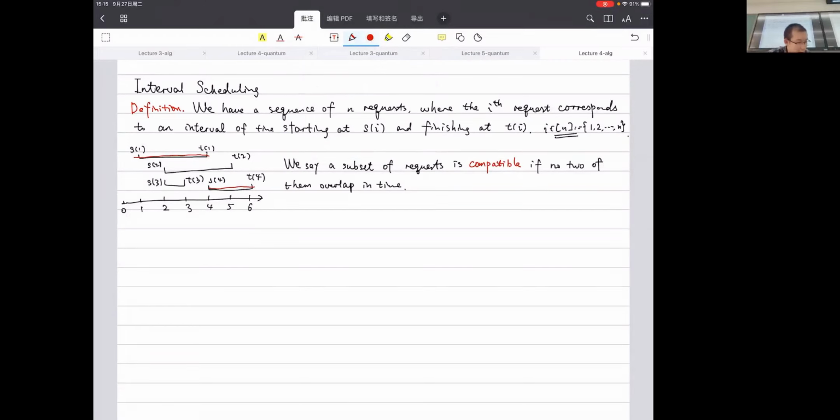By overlap, I mean they really have some non-zero intersection. Intersection at the boundary is allowed in our study here because, for instance, after you finish the first event, right after that you can do the fourth event. So that is fine. So by overlap here, we are okay with boundary overlap, but not inside.